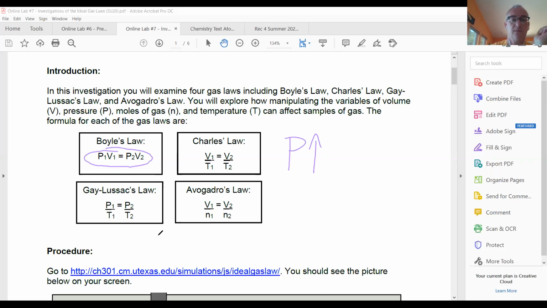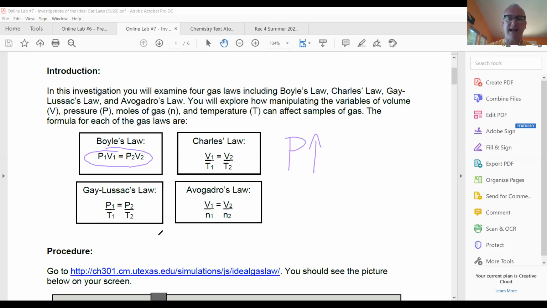You mean the volume? Oh, yes, sorry, yes, the volume. So basically, if I put the same amount of gas and I squeeze it into a smaller volume.